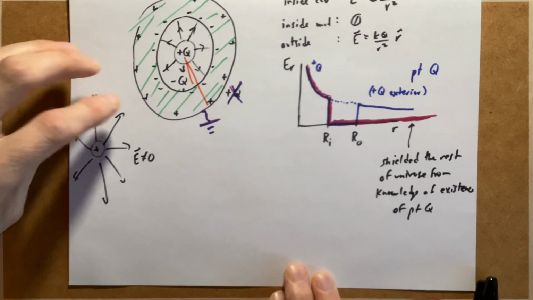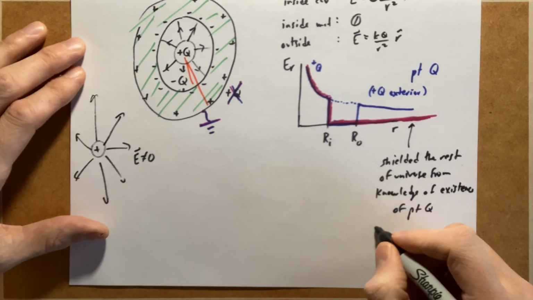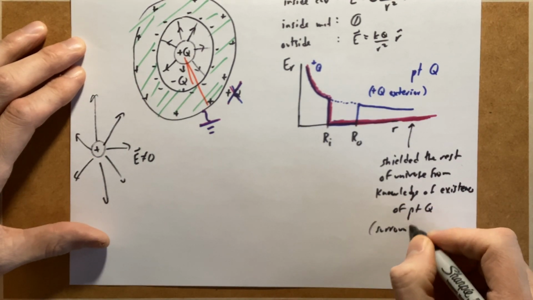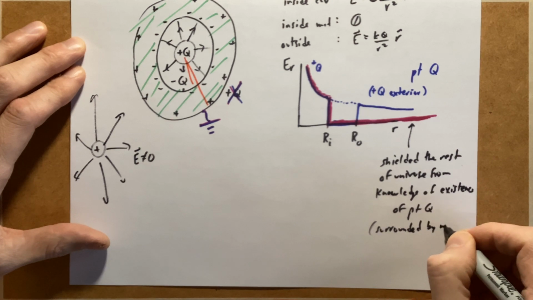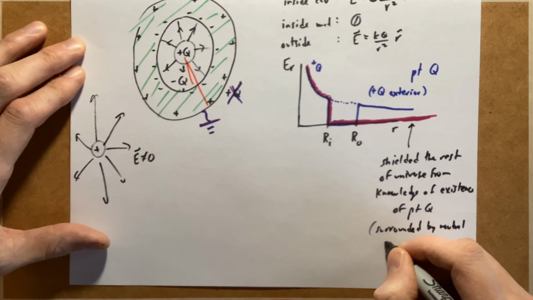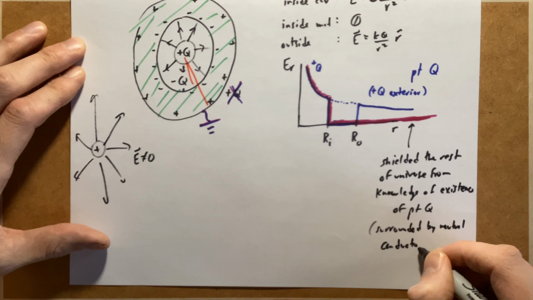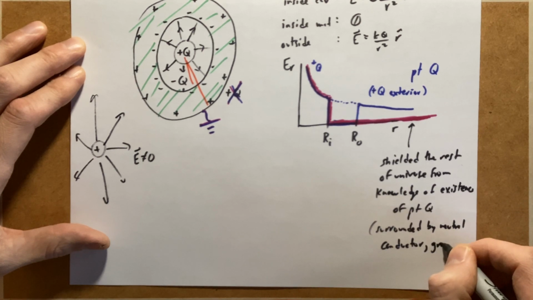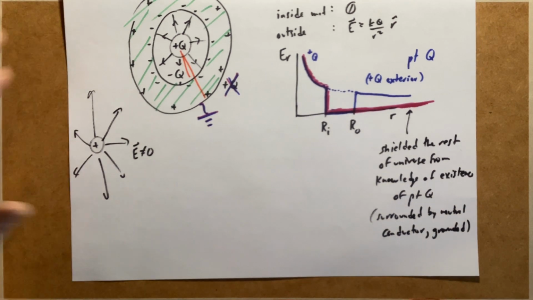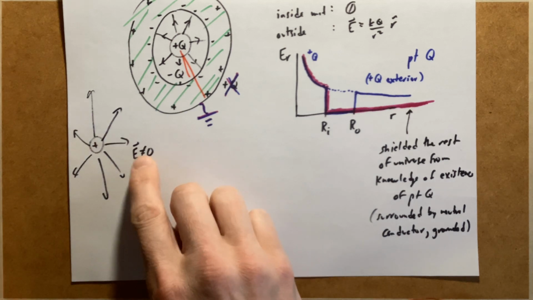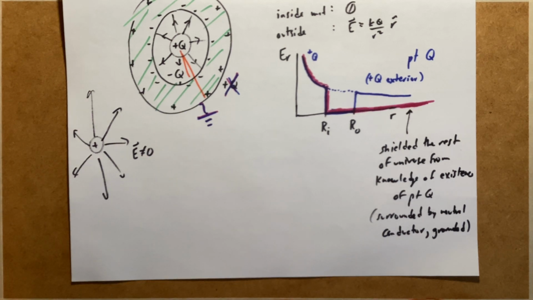Because we've surrounded it by a neutral conductor, and this is important, of course, that is grounded. So we have just developed a means of shielding the rest of the universe from knowledge of a point charge and its field. This is actually a fairly useful thing to do.